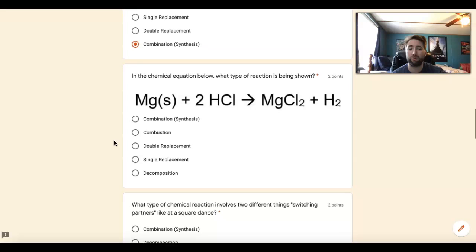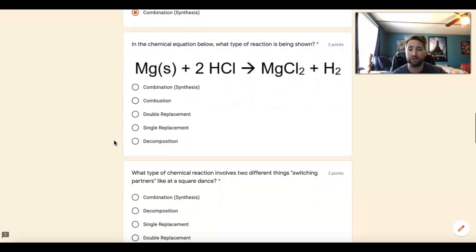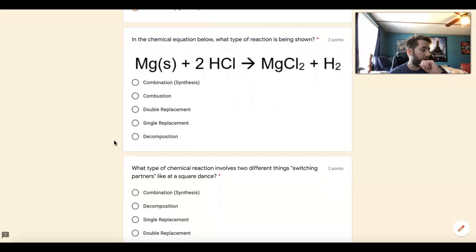Alright, so in the chemical equation below, what type of reaction is being shown? We've got magnesium plus 2 hydrochloric acid forms magnesium chloride and hydrogen gas. In this one, it looks like we've got one lone element, one thing that's by itself, and it kicks out this H that's in the compound here.